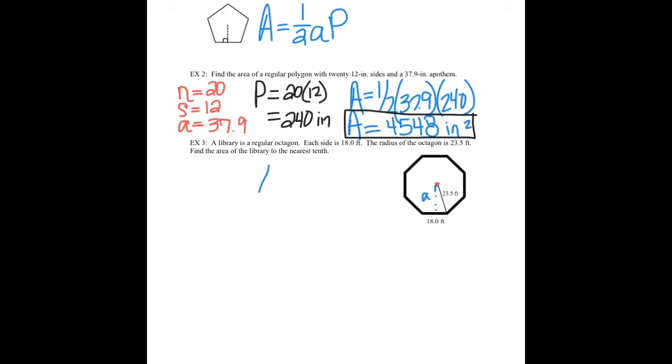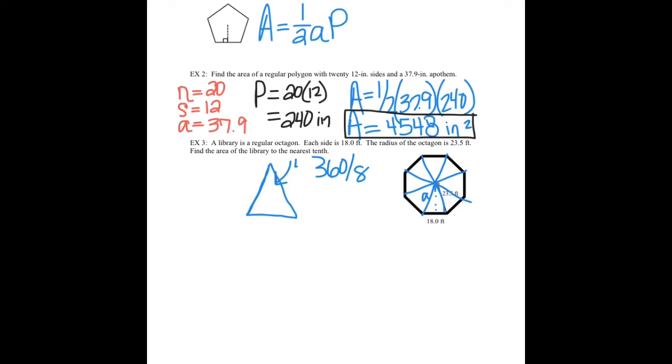If you think about a triangle in an octagon, if we were to divide this octagon into a bunch of triangles, I could take 360 divided by 8, and that would give me this angle measure.